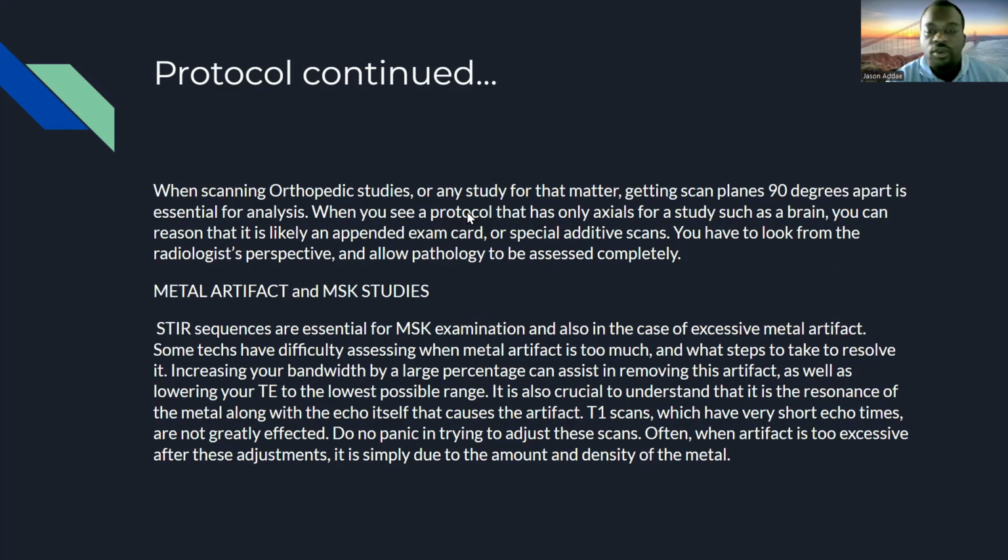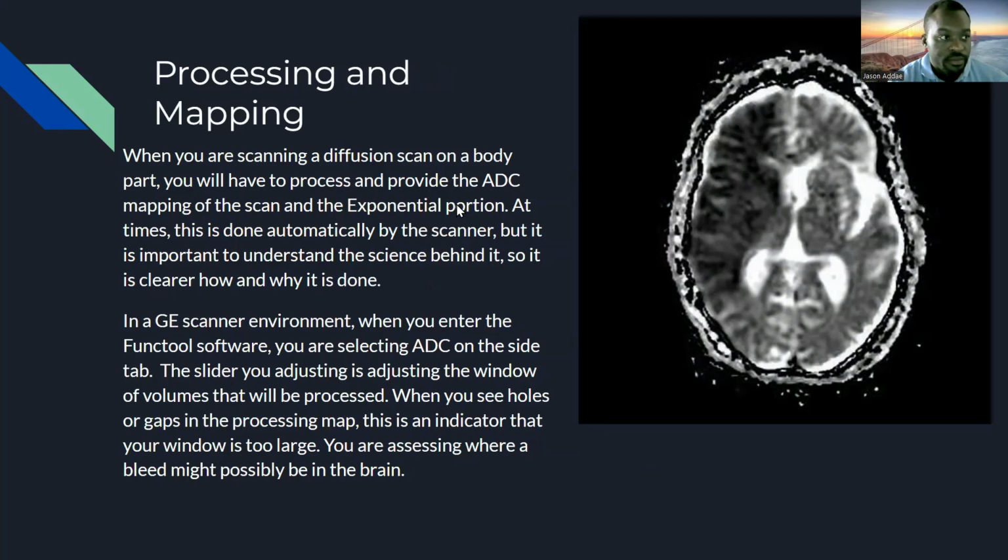Being aware of these is also key to being an effective technologist. Don't panic when this happens. You can adjust parameters such as the echo time, because echo time is what creates a lot of the artifact, because that's what's creating your imaging. You're bouncing that echo off of material. So if you're getting a lot of artifact, manipulating that echo time or even your bandwidth can go a long way to reducing it.